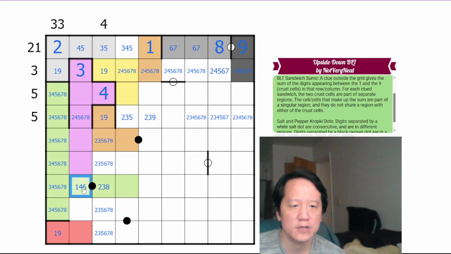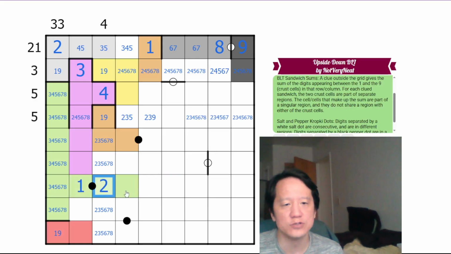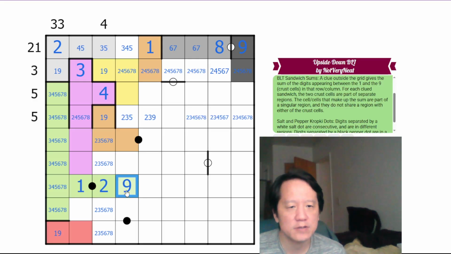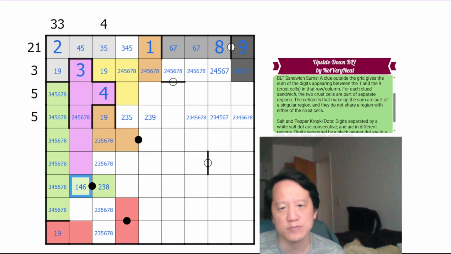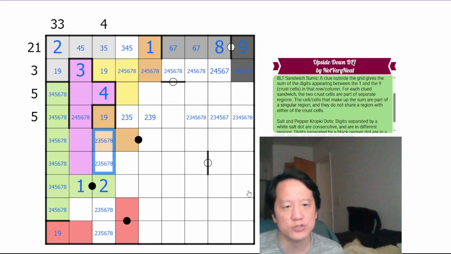So that's green, which makes this 1, 2, and 9. Actually, I guess this doesn't have to go that way. But we know this part is green. So this is green. This must be part of red, because the red has to exit out somewhere. And 1 could go here. So that's the reason why. So that's 1, that's 2, which eliminates 2 in the rest of the column.